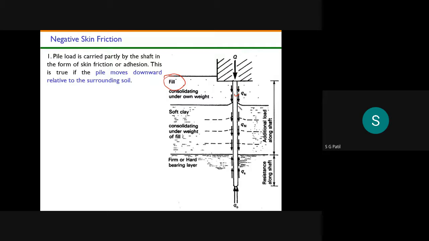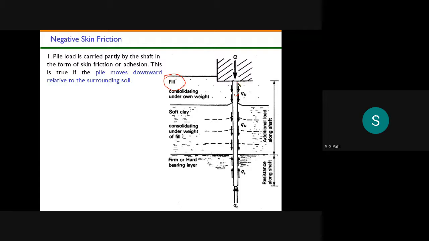So that's why wherever you get negative skin friction layers, you should deduct that in the final ultimate load carrying capacity. Suppose here you see this is the fill material consolidating under its own weight.